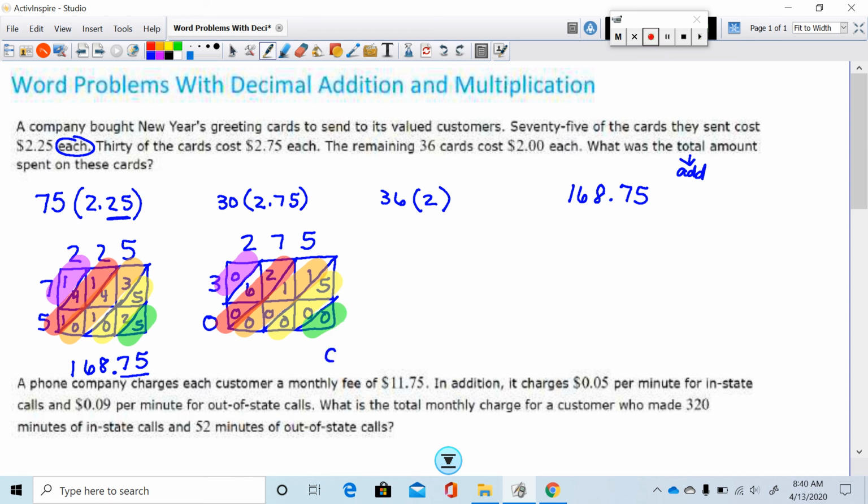So I have 0, 5, you're just adding the numbers inside the colors. 1 plus 1 is 2, 2 plus 6 is 8, and then 0. Okay, the original problem had 2 numbers after the decimal, so you want 2 numbers after your decimal, so that's $82.50.